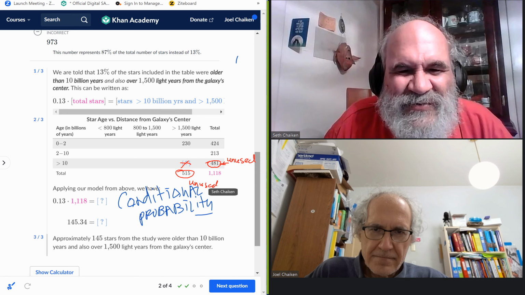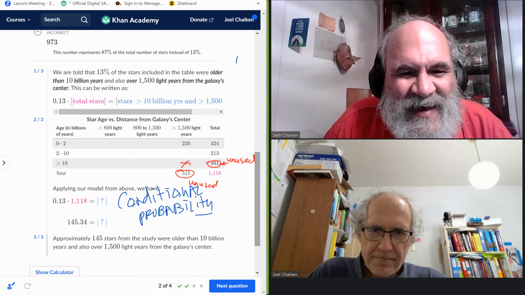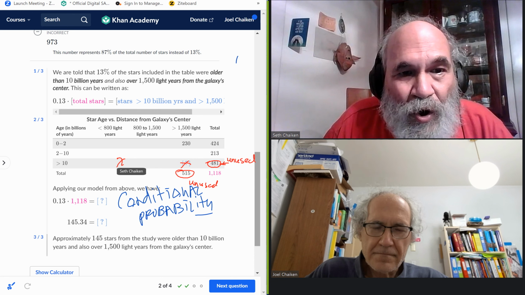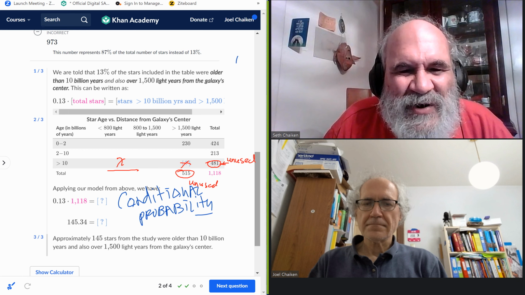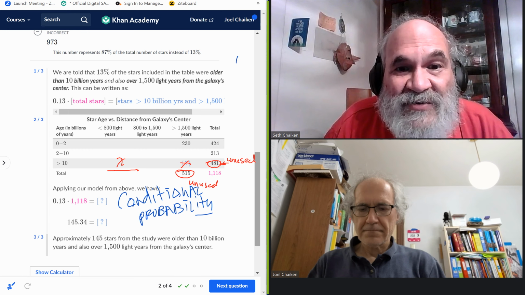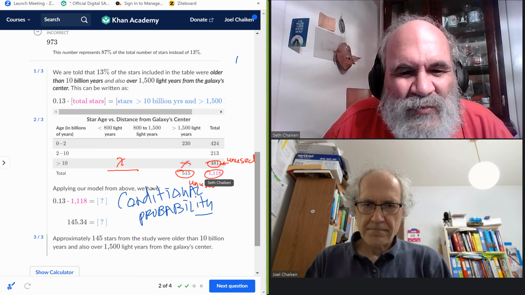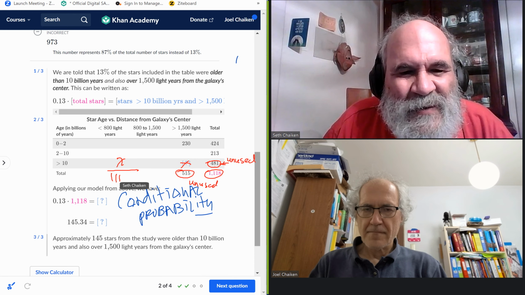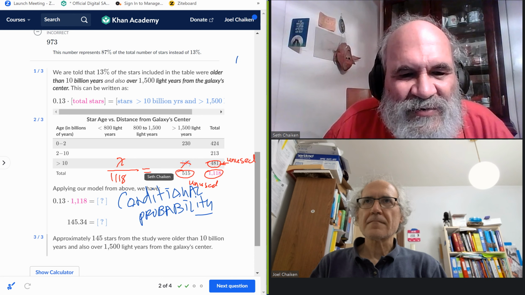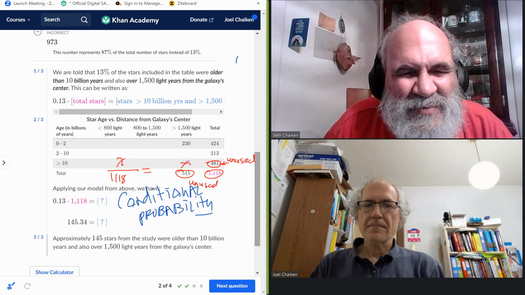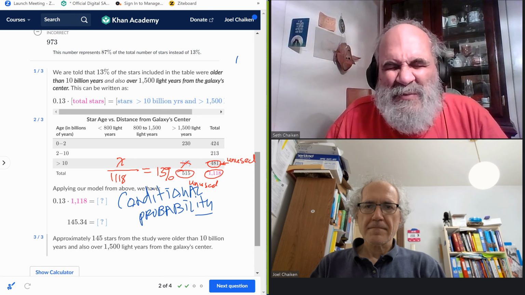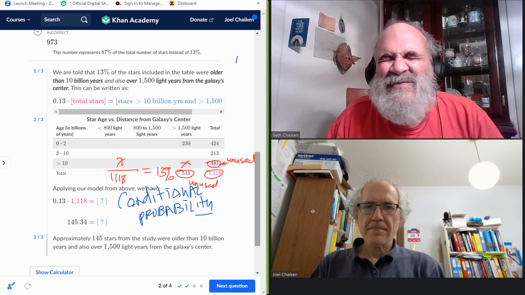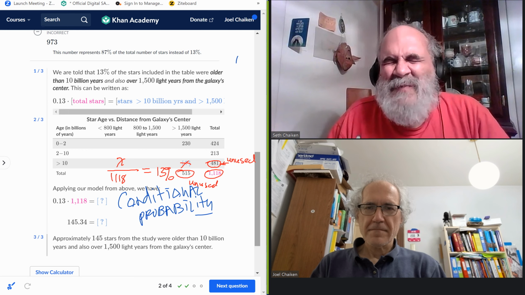All they make reference to is X over the total number of stars observed, which they actually figured out for you, is 1,118, equals how much? 13%. So I would say it is not a conditional probability question. It is a simple probability question.